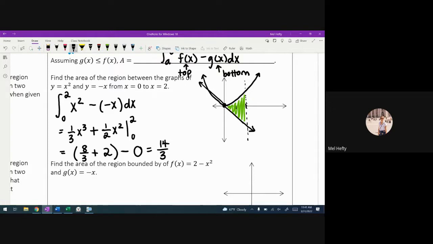All right. Now, one thing I'd like to point out. Does it look like I'm counting my area below the x-axis as negative if I am getting the answer 14/3? No. So we are actually talking area here, like full-on area, not the signed area that we did with integrals. So all of the answers that I get in this unit should be what? Positive.